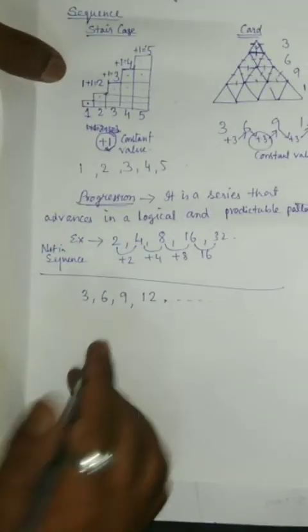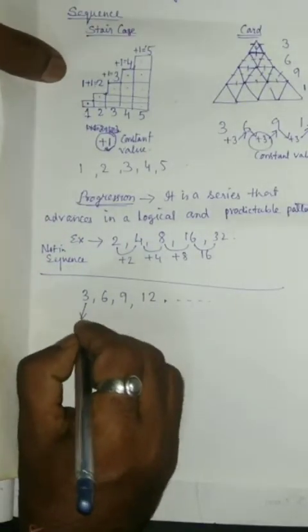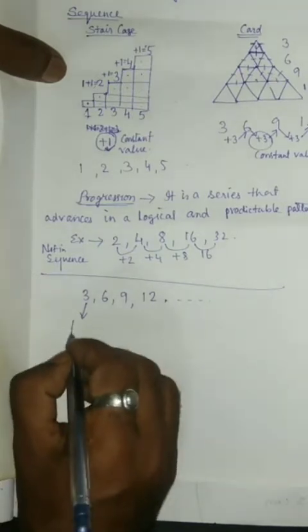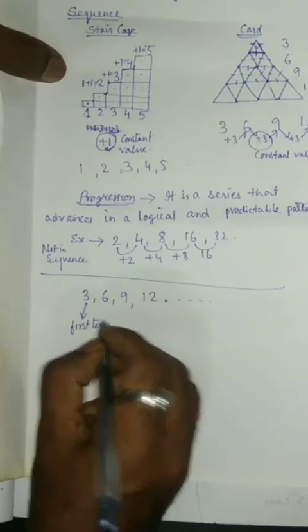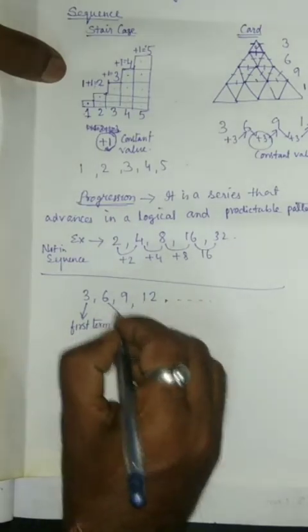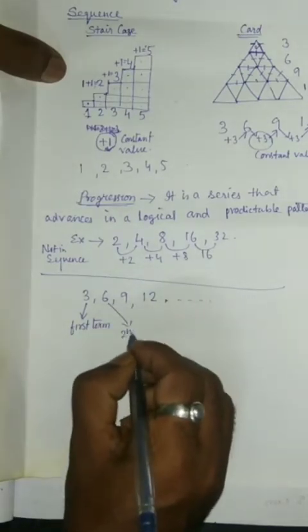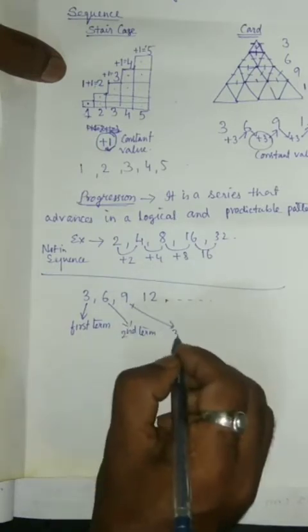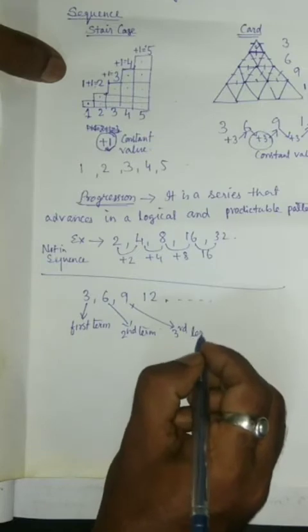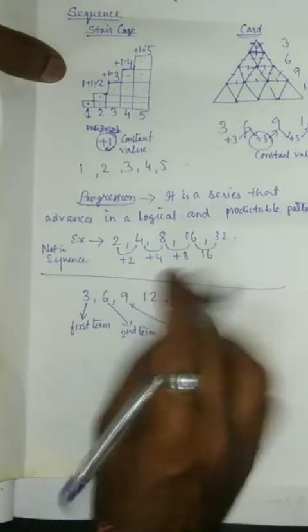Okay student? Our first value is called the first term. This is called our second term, third term, and so on.